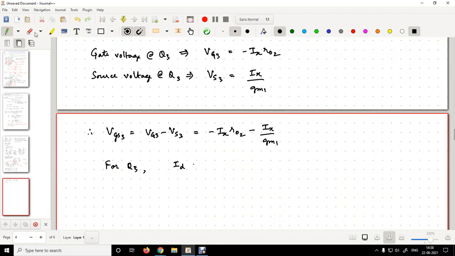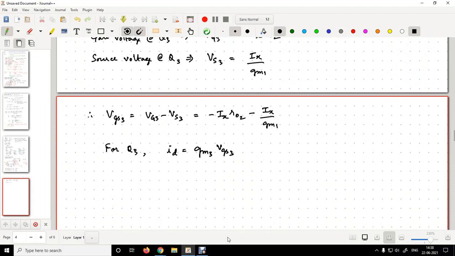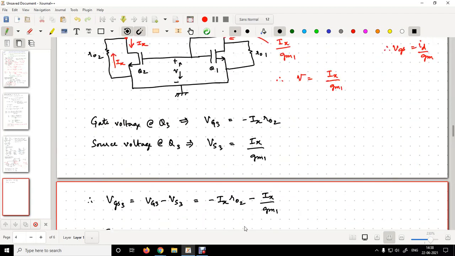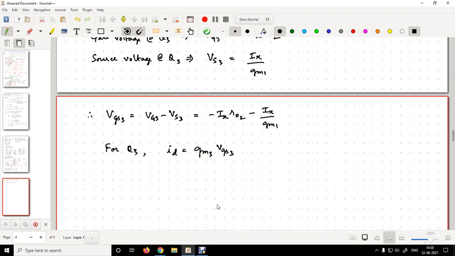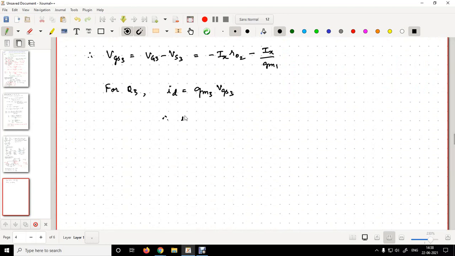So ID here is Gm3 into VGS3, right? Why do I have to calculate ID? Because Ix is actually a value dependent on ID, right? So ID equals Gm3 times minus Ix R02 minus Ix by Gm1. Now this is ID.